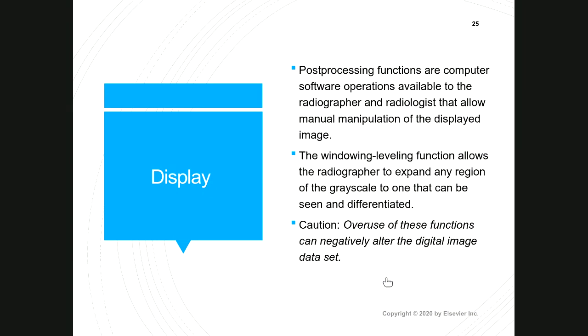And realize too that with these digital systems, digital radiography uses what we call a 14-bit dynamic range, which equates to 16,384 different and distinct shades of gray.